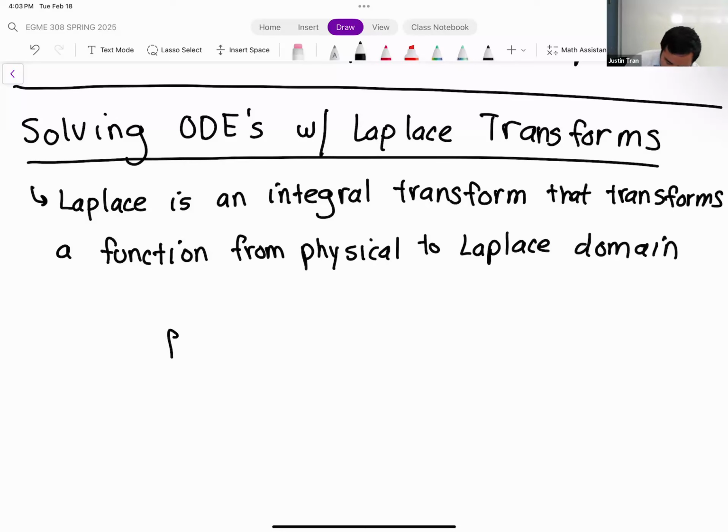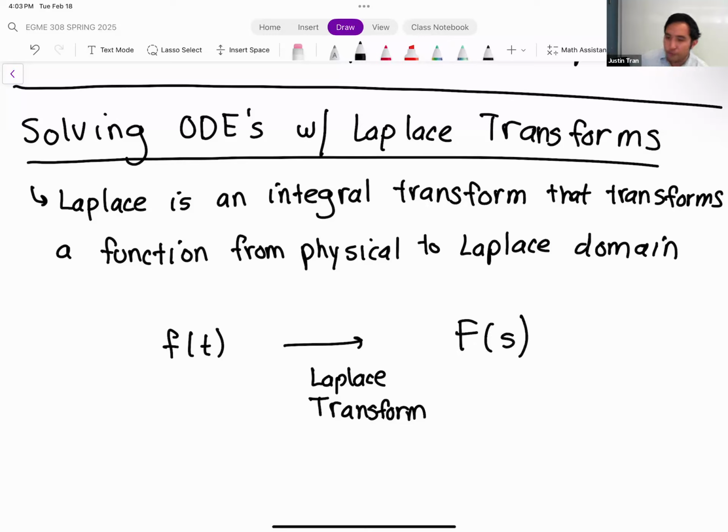So we have some function of t, we perform the Laplace transform, and this transforms the function into some function of s.